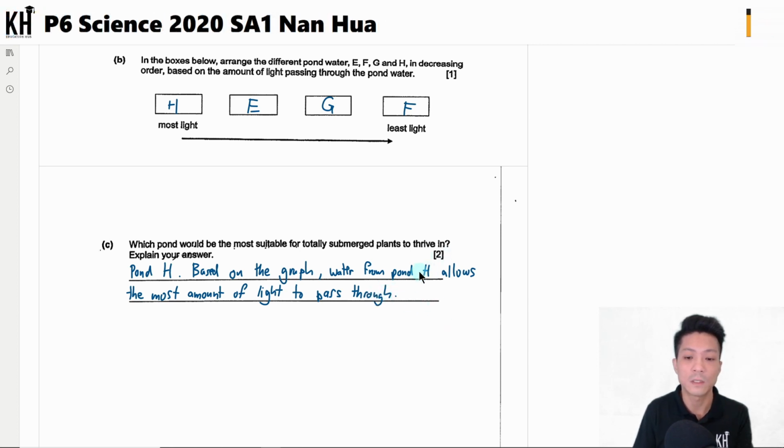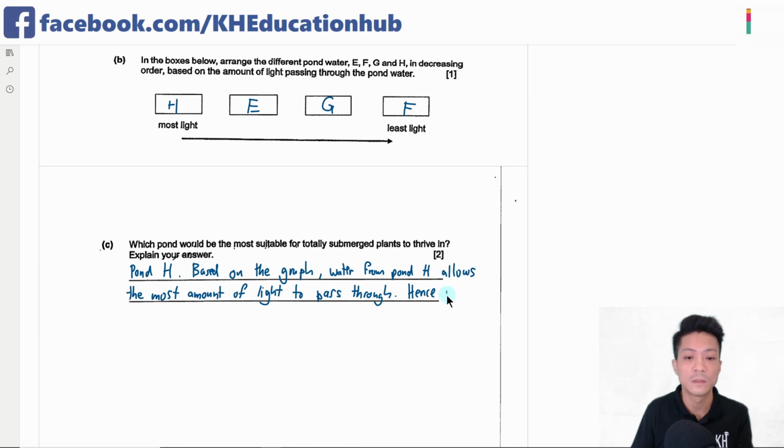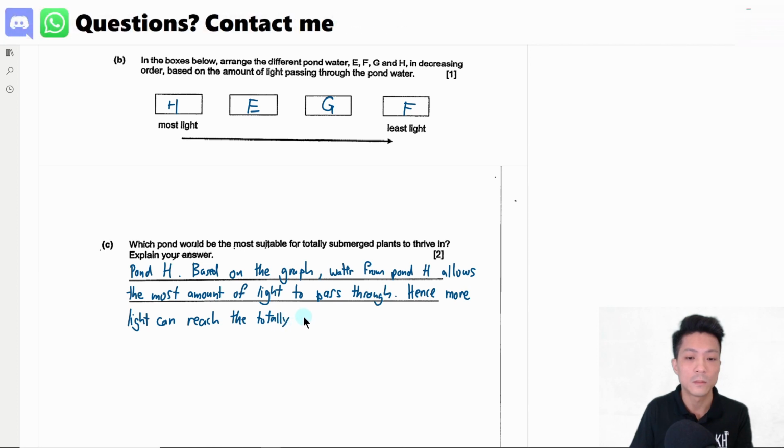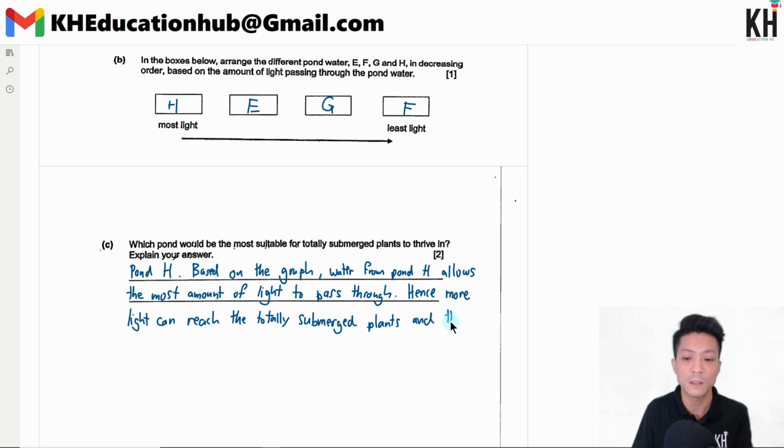After that, conclude with hence or therefore: more light will reach the totally submerged plants, and they will be able to thrive well.